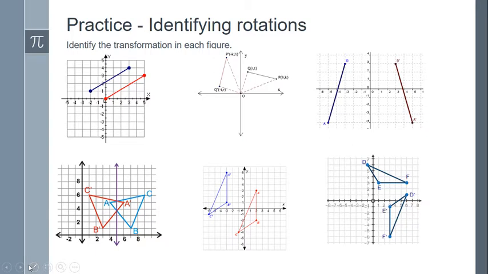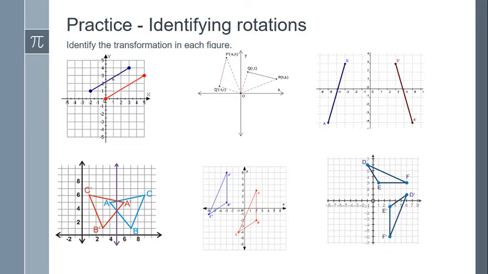All right, so let's practice identifying some of these rotations. Let's look at each of these figures down here, all 6 of them, and identify the transformation that was used in each. So this figure in the upper left-hand corner: to get from the red line to the blue line, does it look like we performed a rotation?